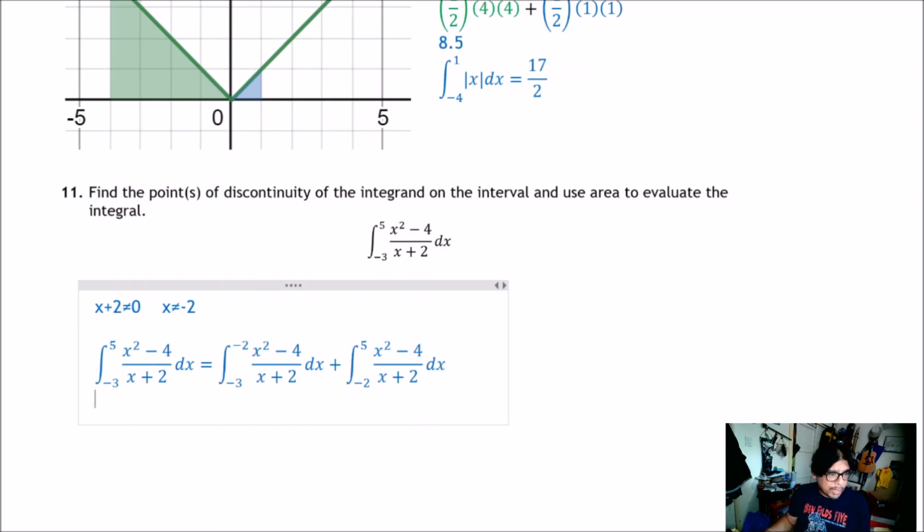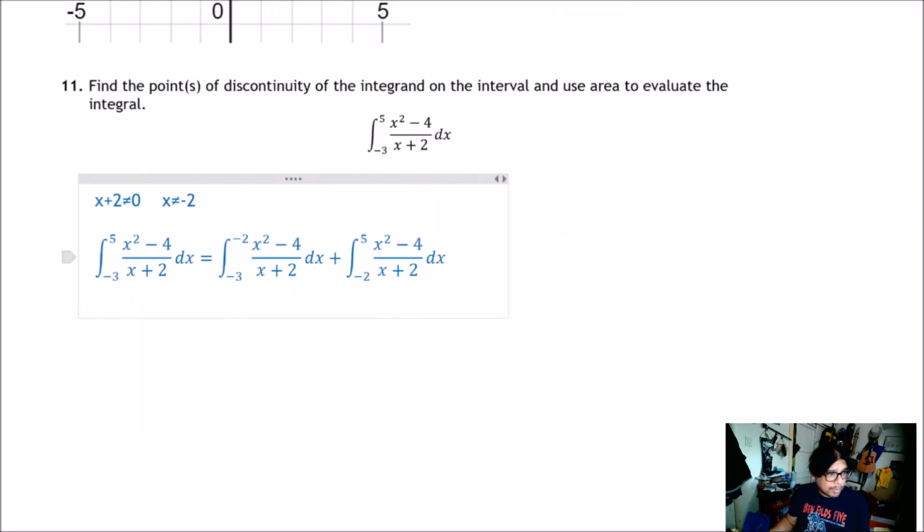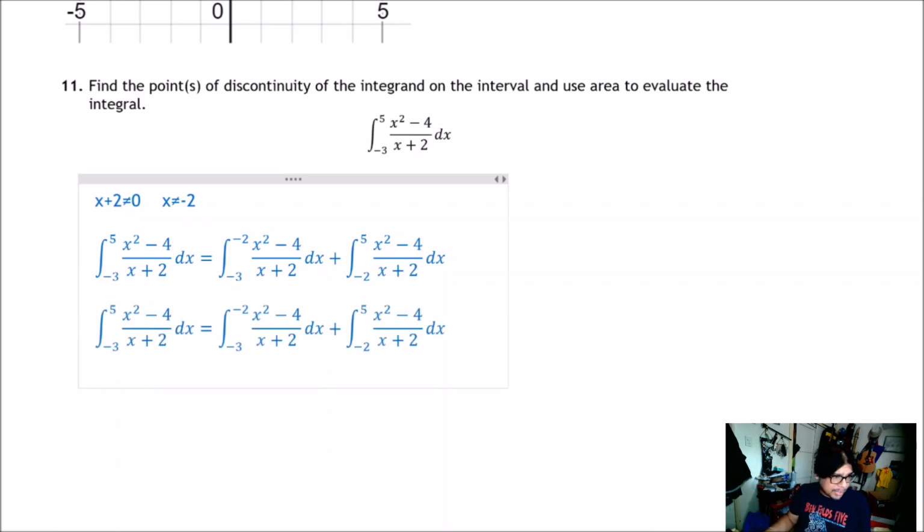So we're saying we can break up our integral to be from -3 to -2 of x squared minus 4 over x plus 2, and from -2 to +5 of x squared minus 4 over x plus 2. All right, let's take this again and take a look at our integrand.